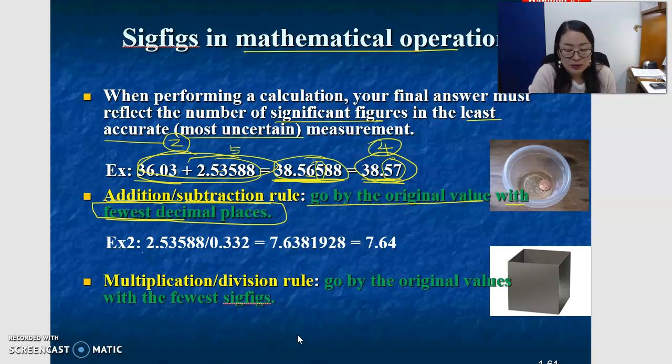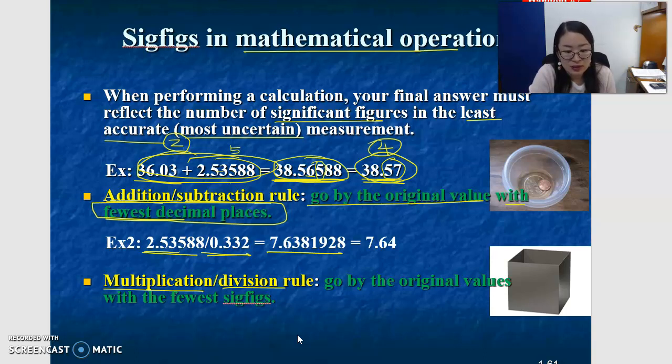And if I want to do some multiplication or division, do I follow the same rules? No, the rules change. So if I use this number divided by this number, and I punch it into my calculator, I get this number. But not all of those digits carry meaning to the measurement.